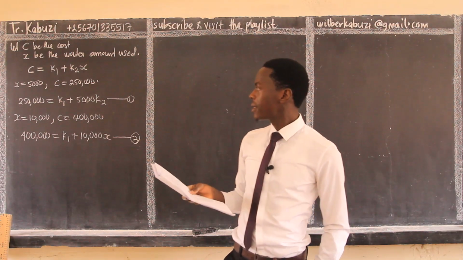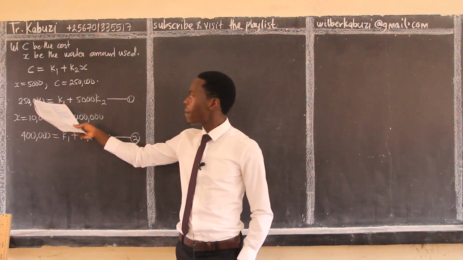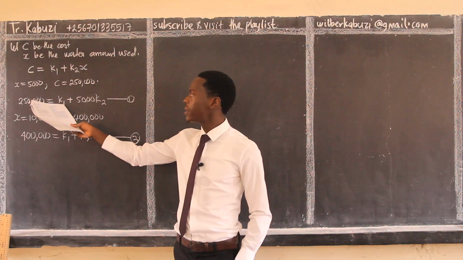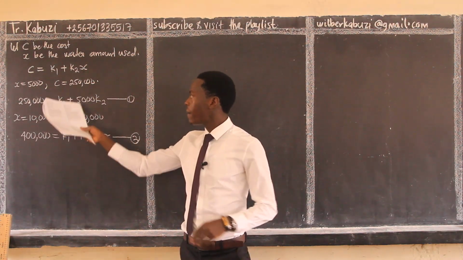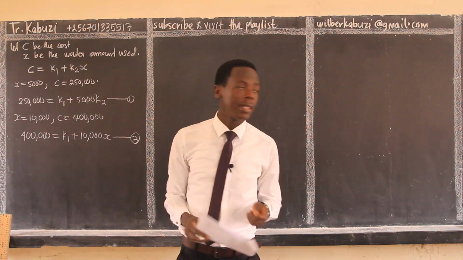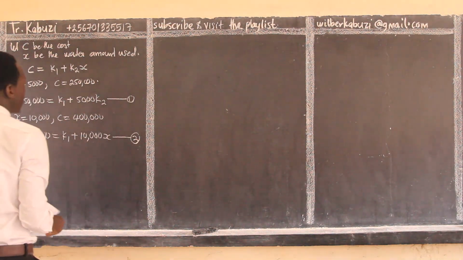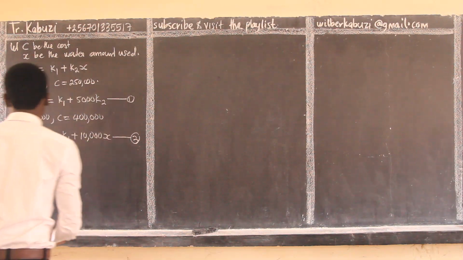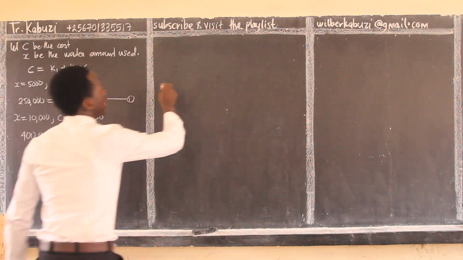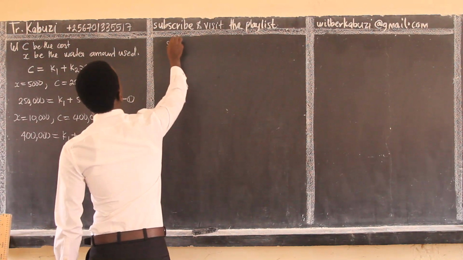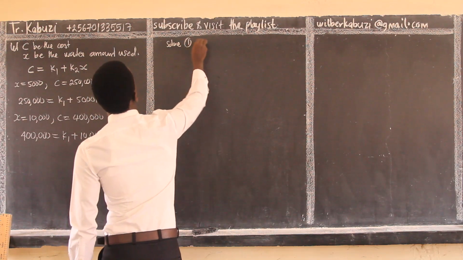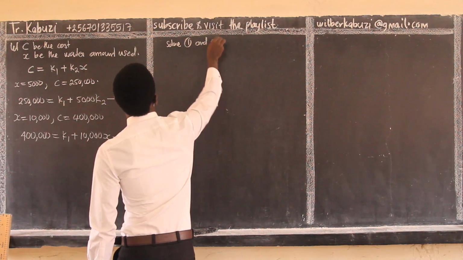What that means is that we need to first get the proportionality constants K1 and K2 by solving these two equations simultaneously. So we solve 1 and 2.